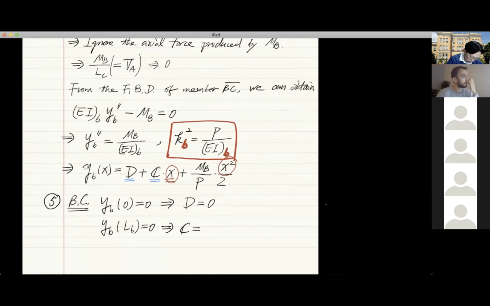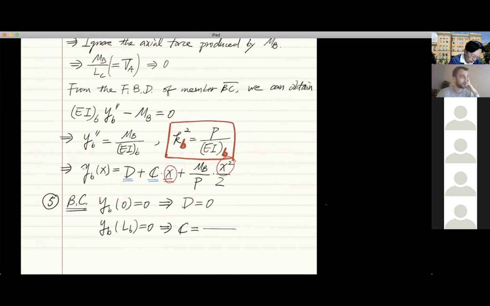And coefficient C, you will equal to negative MB over P. Of course, you can write it as EI, either way you like. And so this is going to be 2. Actually, this should be P times, actually, it should be KB squared. I missed this one here. It should be 2P KB squared times LB.